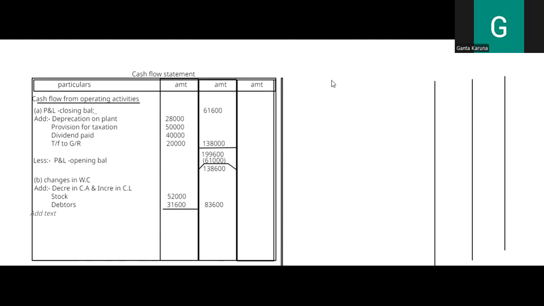So total is equal to 1,70,000, but everything is in the bracket format. So everything is in the bracket format. I should enter that. So this itself is a bracket because it is in a minus format. So the answer is also in a bracket.